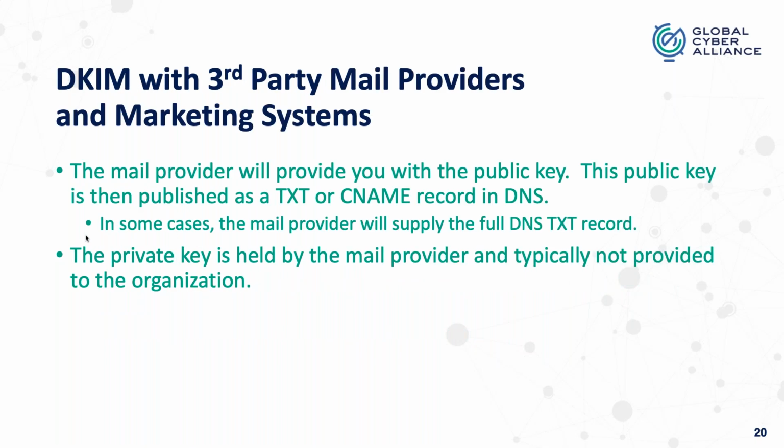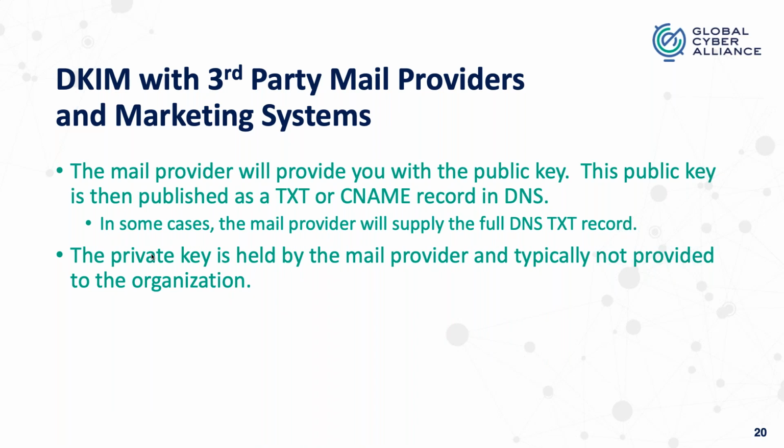When it comes to DKIM with third-party vendor mail providers and marketing systems, typically they'll provide you with the public key and tell you how to publish it. If it's a TXT record, it will actually be the public key itself. If it's a CNAME record, they're going to tell you to point to a domain, and behind that domain is the actual public key.